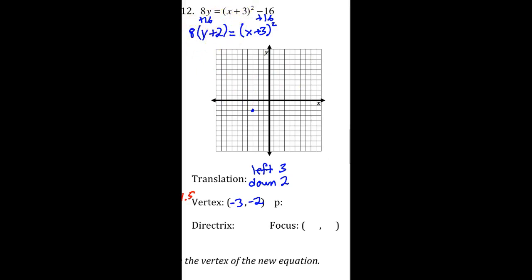This is opening up, so our directrix will be below, but by how much? So we got 4p, and this time it's going to equal 8, right? So the value in the front here. So divide both sides by 4, and our p-value is 2, a nice number. So directrix will be below, down by 2.